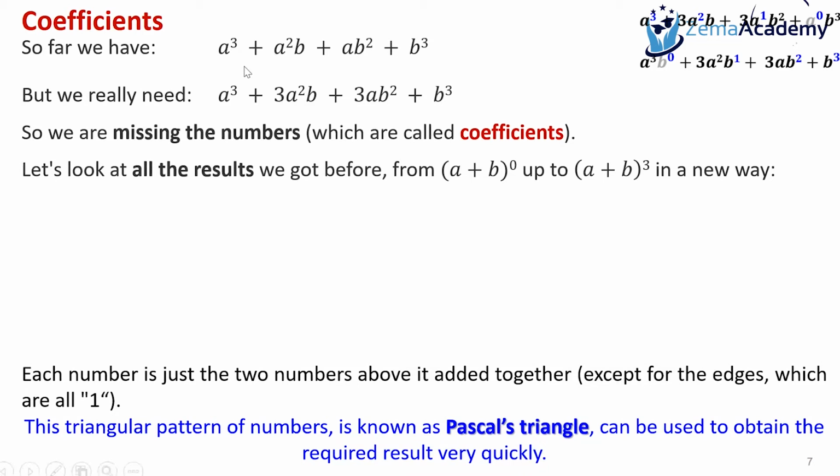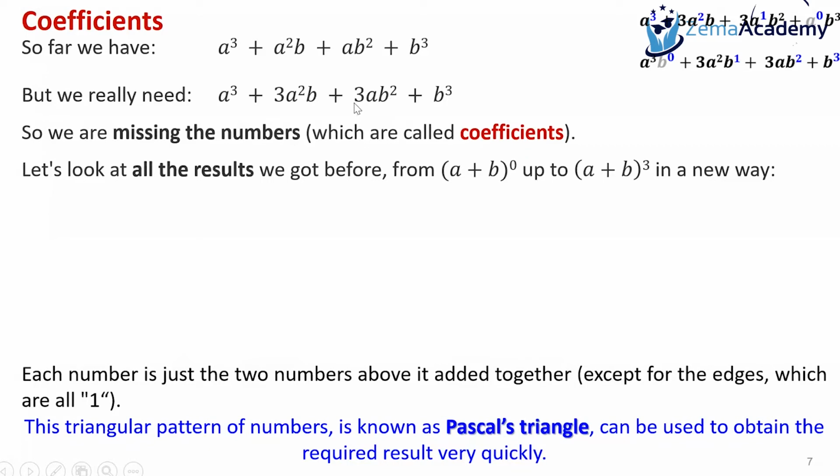In the same way, I have explained the term a cube plus a square b plus ab square plus b cube. But both these inside terms involve constants, and from your previous knowledge, you know that this is 3a square b over here, and this is 3ab square, which is written over here.